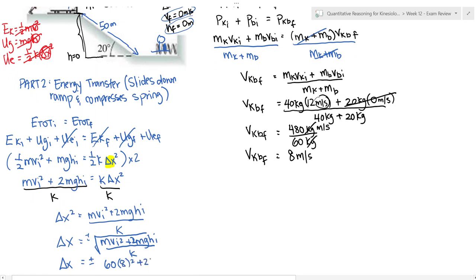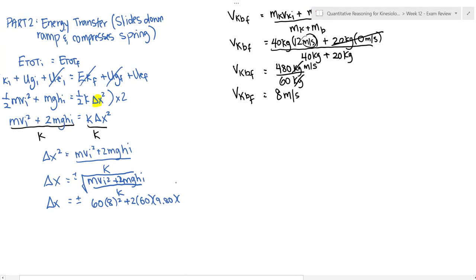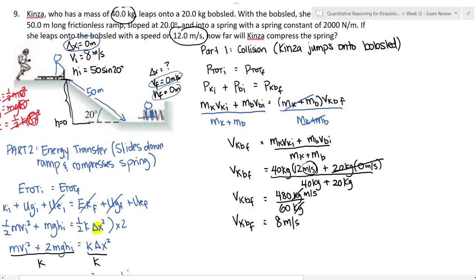Plus 2. Their mass again is 60. G is 9.80, and the h initial was 50 sine 20 degrees, over k, which is the spring constant, which should have been given in the question. Let's take a look.